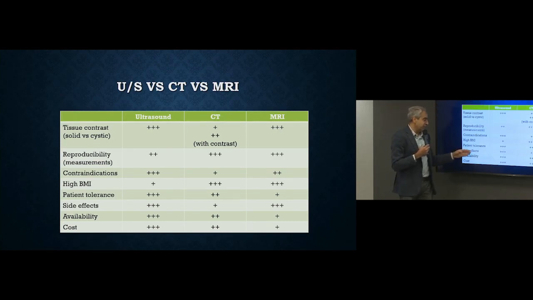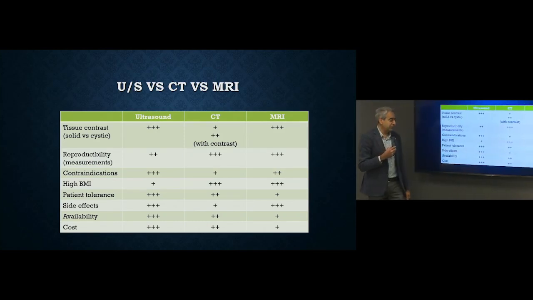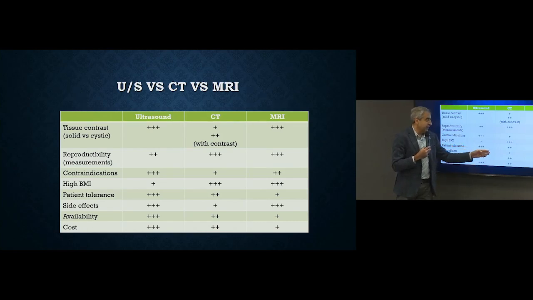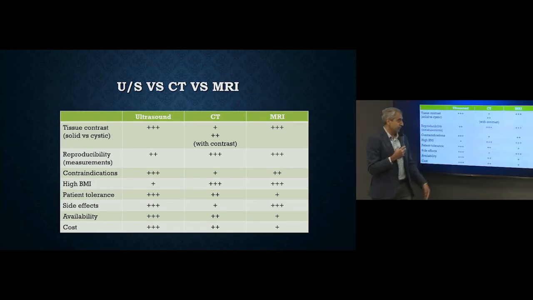From a side effect point of view, they're all very, very safe. I should really point that out. Ultrasound has no issues in terms of side effects. CT scan, because it does use X-rays, we want to minimize the radiation exposure to patients.